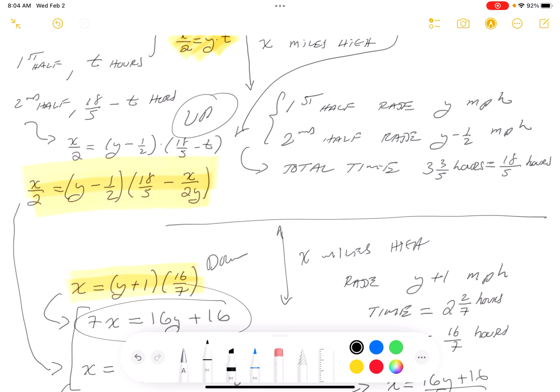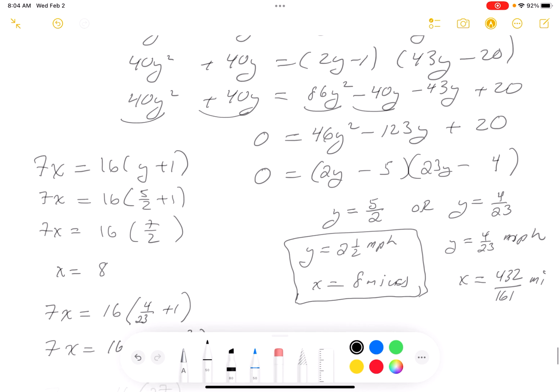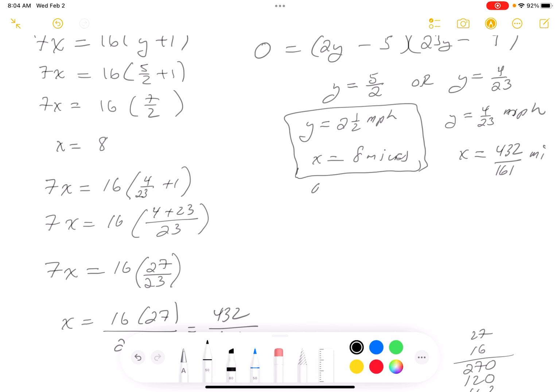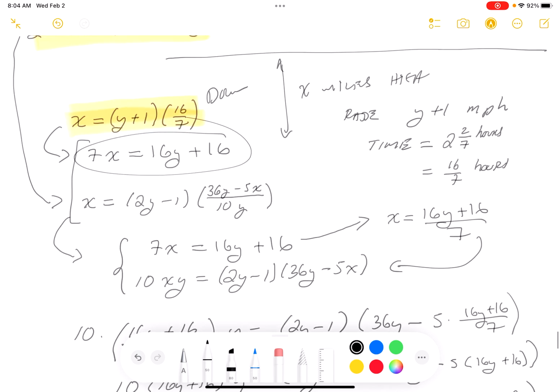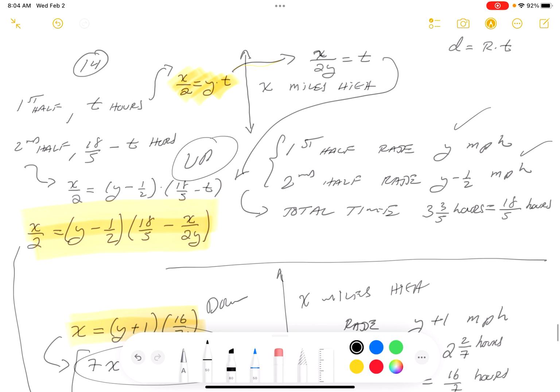Like, the trip, the first half, 2.5 miles per hour downhill would be, 2.5 minus a half, 2 miles per hour on the second half going up, all right? Now, I want to see if the other one's reasonable, though. This is reasonable, by the way. This is okay. Let's look at this one over here. Now, if it's 4 over 23, let me put this one over here. 4 over 23 is equal to y, right?